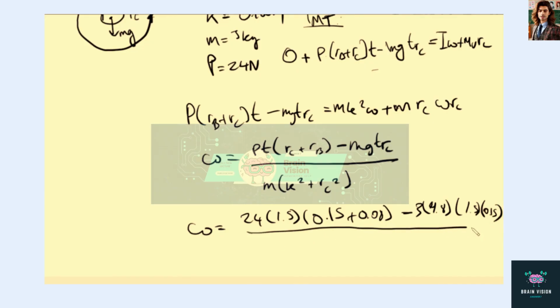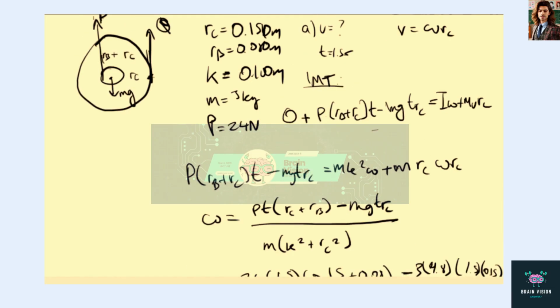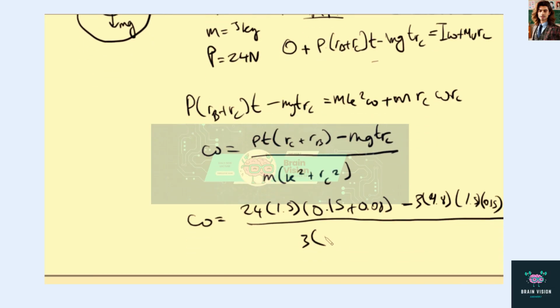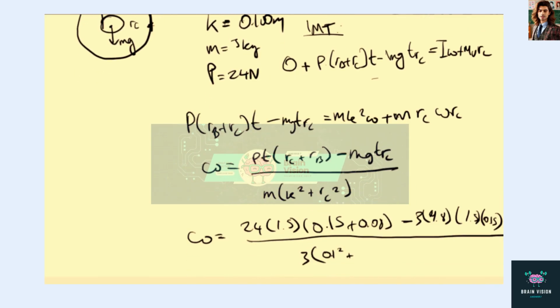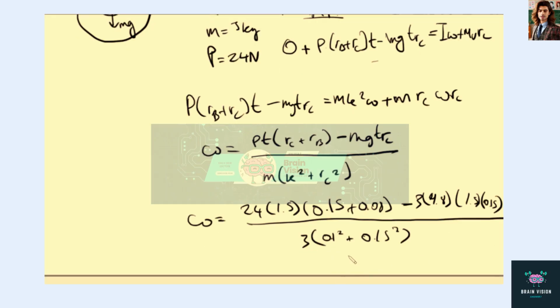And this is all over 3 times (k squared, which is 0.1 squared, plus 0.15 squared). So this gives us an omega of 17.077 radians per second.